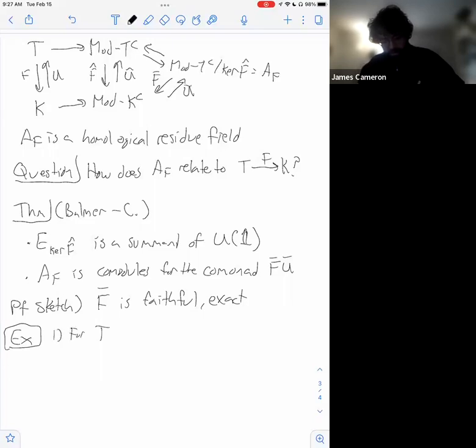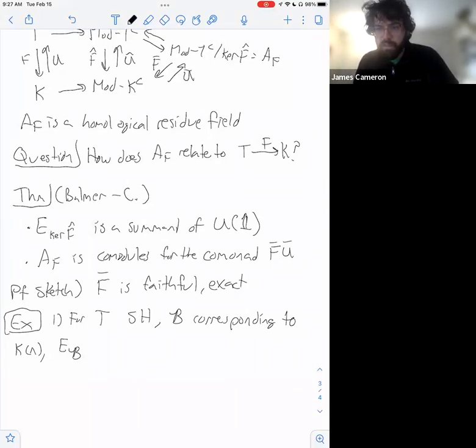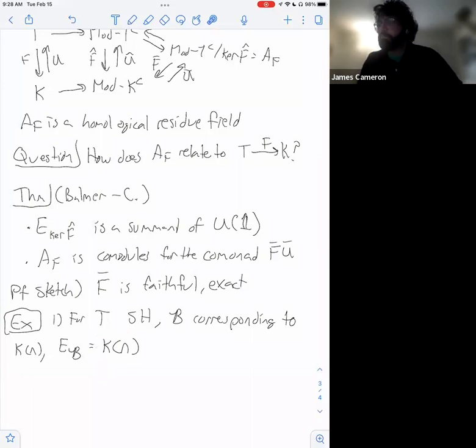So for T the stable homotopy category, SH, and the homological prime corresponding to a Morava K-theory, this object of T giving you this homological residue field is just the Morava K-theory spectrum, and that's just because this is indecomposable as a spectrum.